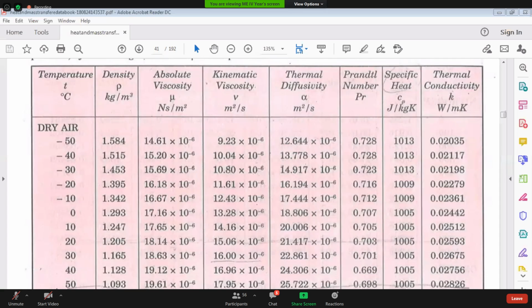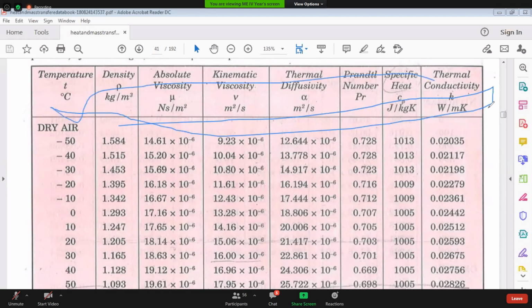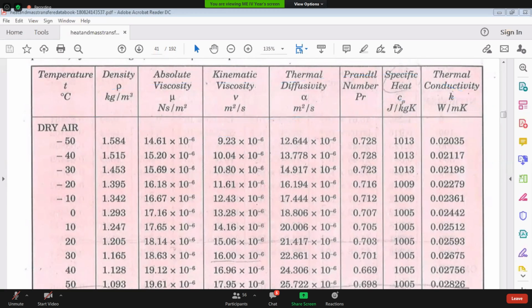Air is flowing over a surface, or air is flowing inside a tube, like that. So these properties are essential. While doing problems, you need to note down all these properties, including units, especially in convection problems. These are used only in convection problems.